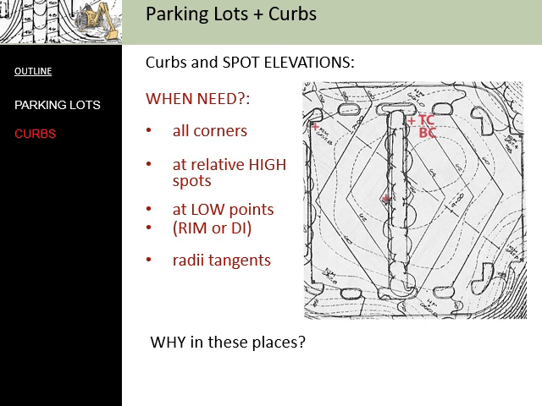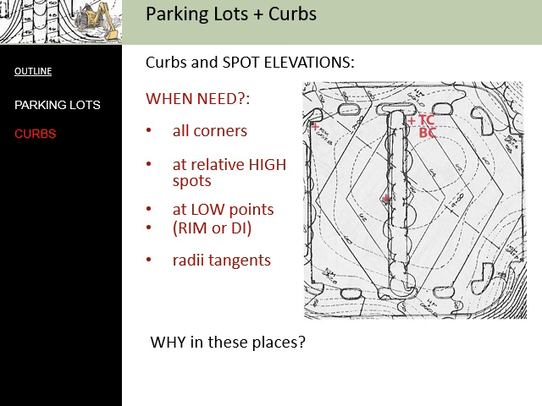All low points. So if you look in the upper left-hand corner of this, you will see a low point. In this case, it's labeled as a RIM, which means rim, or a DI, which means drop inlet. So we have to have spot elevations at all low points, rims, and drop inlets, which normally go together.